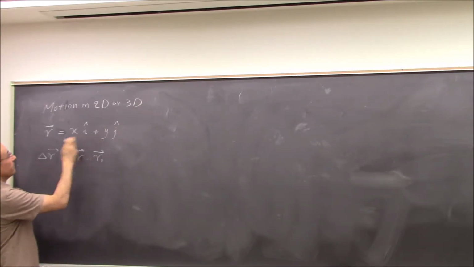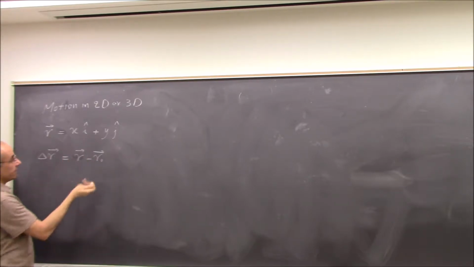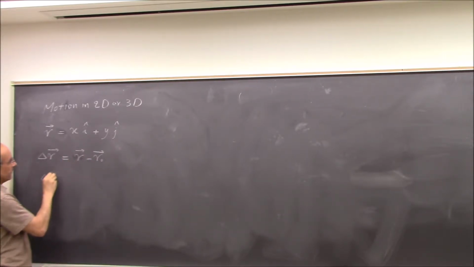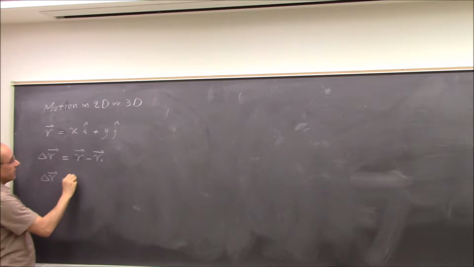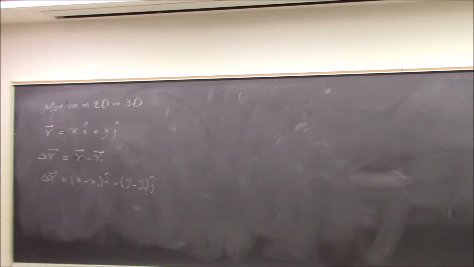If you put the 0 in here for r naught and subtract, you get delta r equal to the same. If you have 3 dimensions, z minus z naught k hat, and that's displacement.